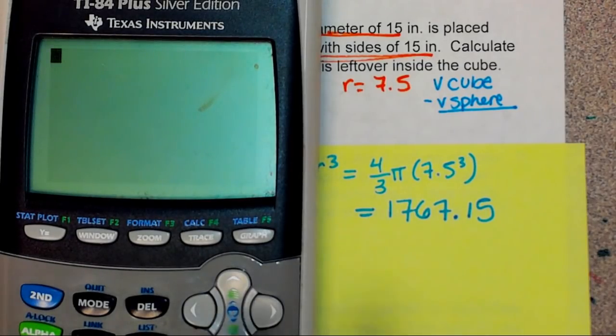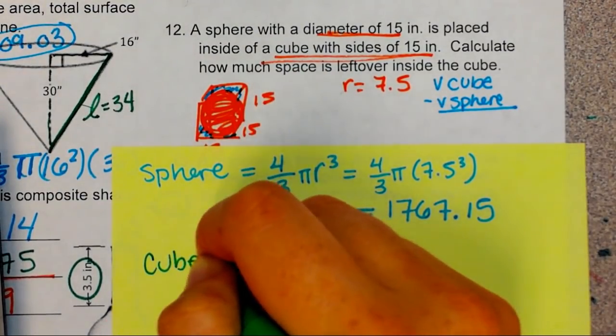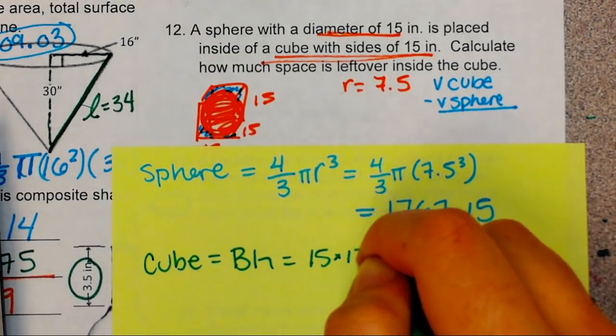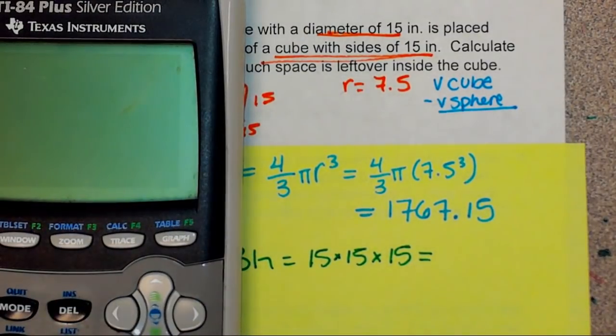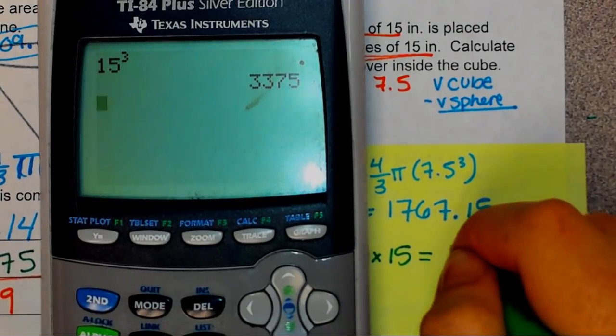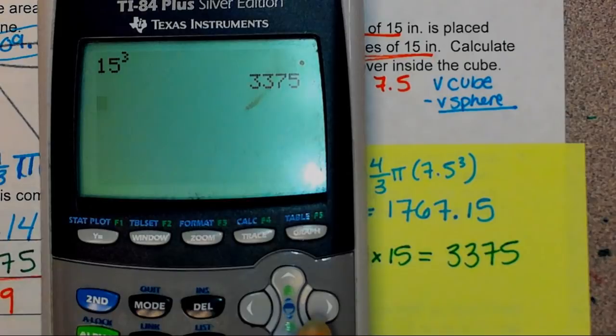And then for the cube, the volume of a cube is just area of the base times the height. So that would be 15 times 15 times 15, or 15 cubed. There's a reason why it's called that.